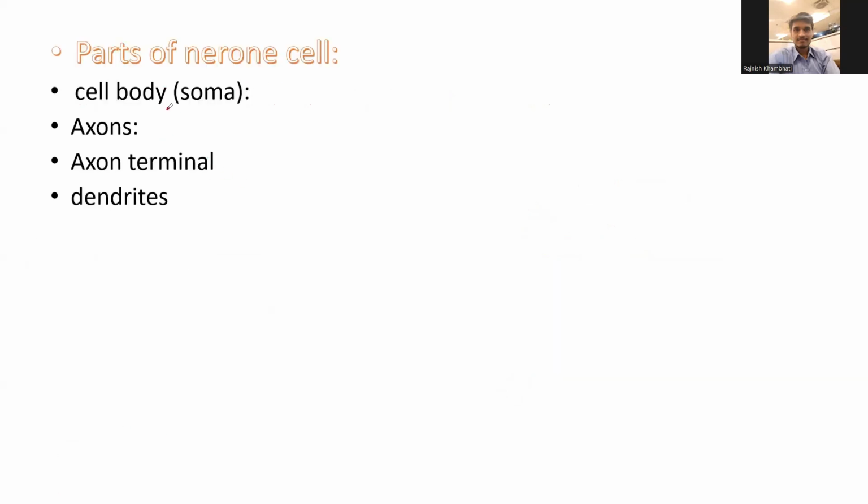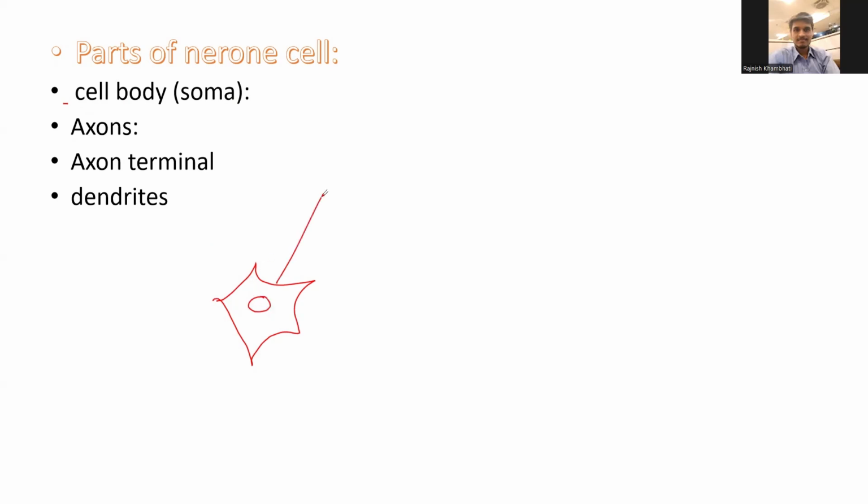The parts of the neuron cell are known as cell body, soma, axon, axon terminal, and the dendrites. Now let me draw the diagram for you. First, we will draw the cell body called soma. You can see this is the cell body, a kind of star-shaped structure. In the center, we can see the nucleus.